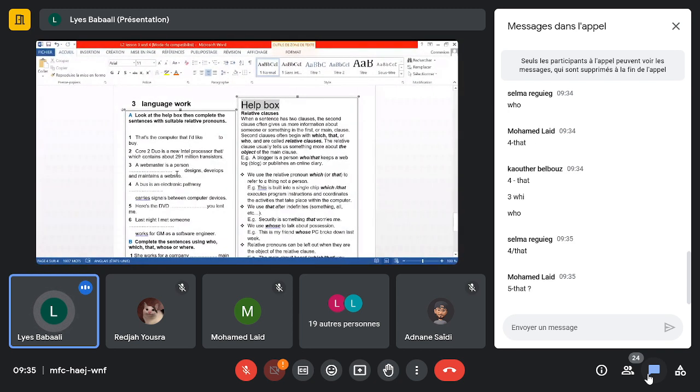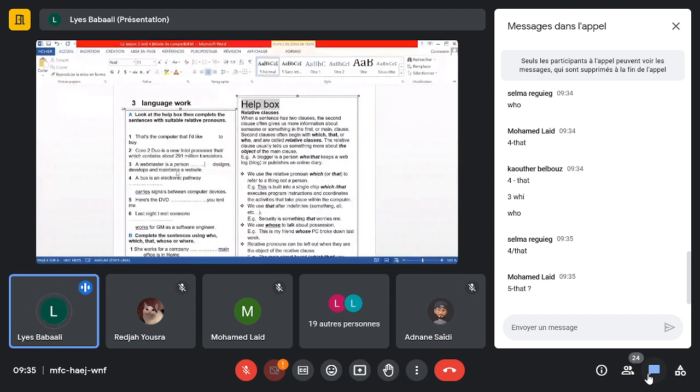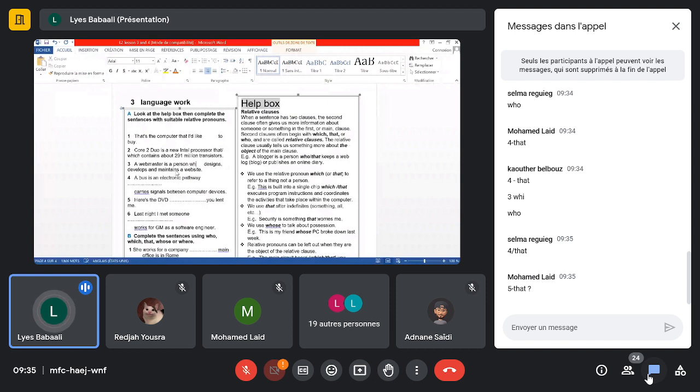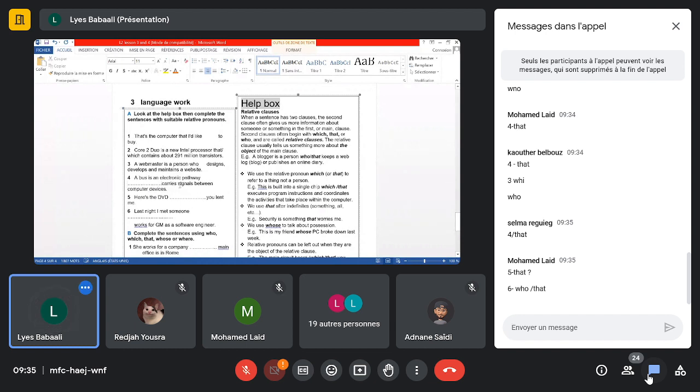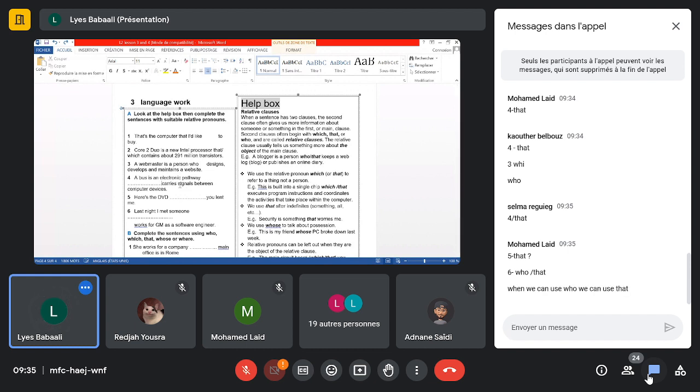A webmaster is a person that designs, or who designs. For a person, we have to use a person's relative pronoun. A bus is an electric pathway that carries signals.